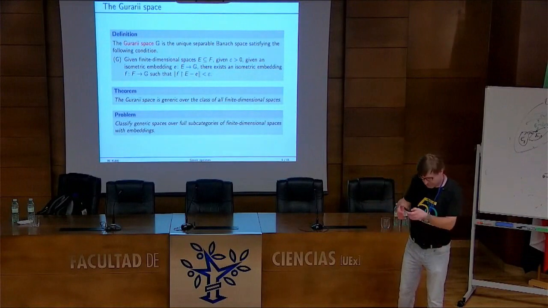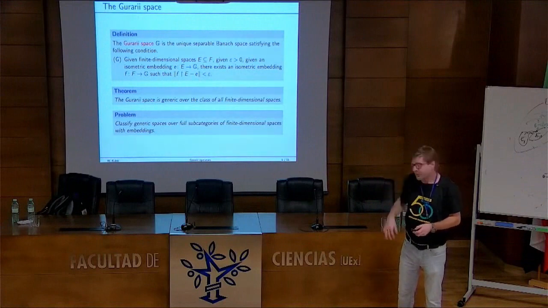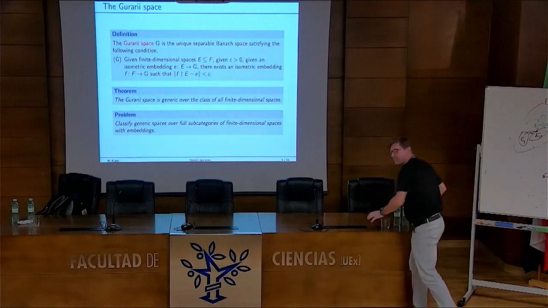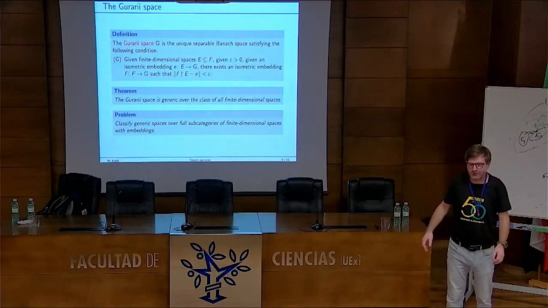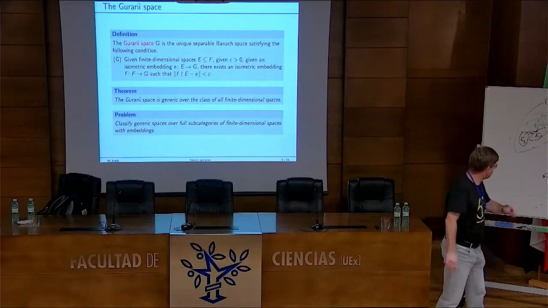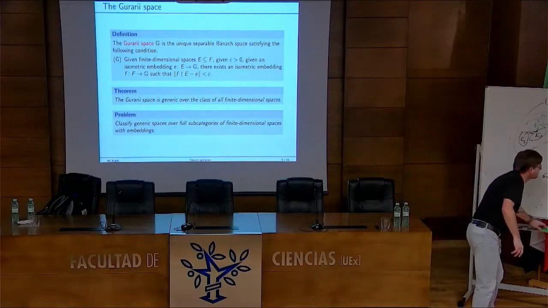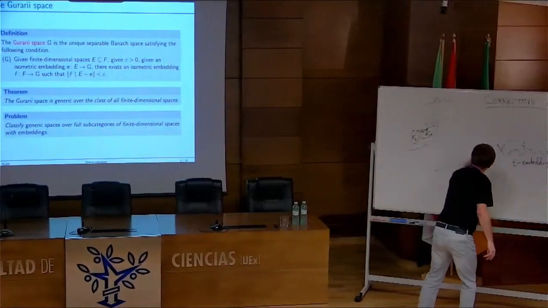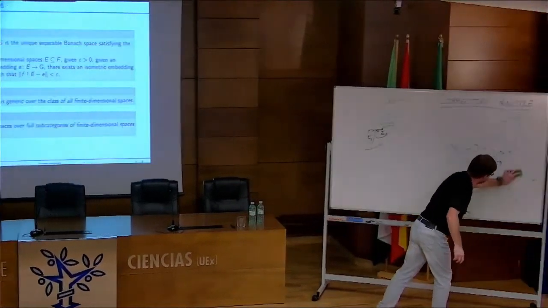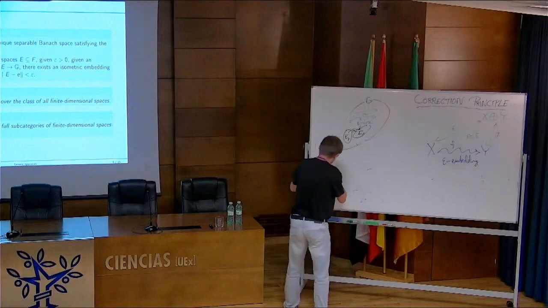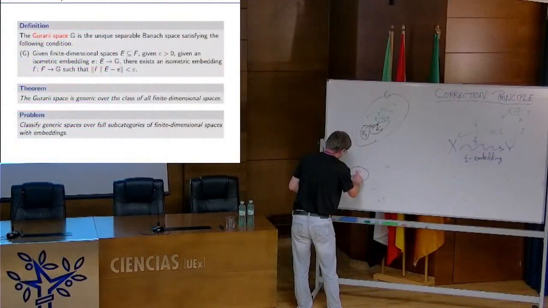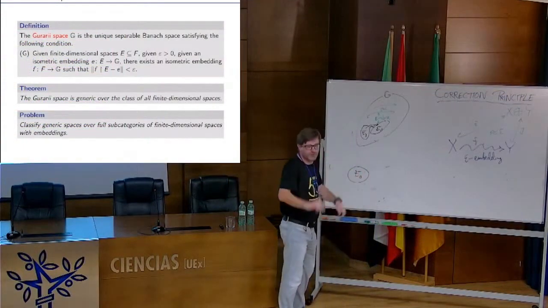The game. Yeah. So, this is very easy. The two players are playing with arbitrary finite dimensional spaces. Arbitrary. No, they don't know about the Gurari space, let's say. So the first player starts with an arbitrary finite dimensional space.